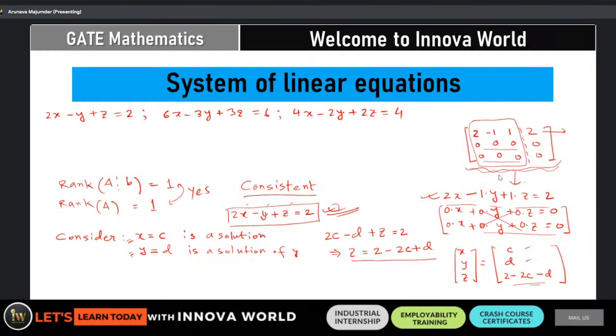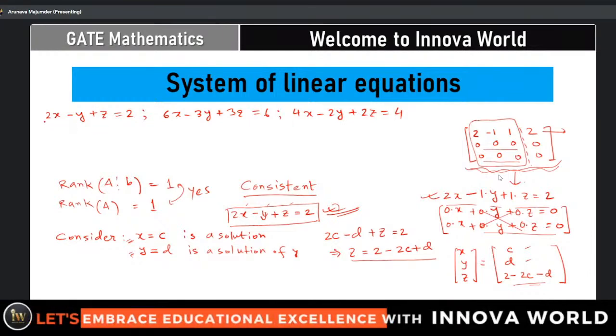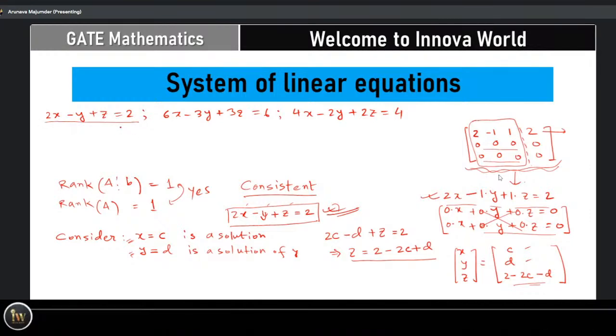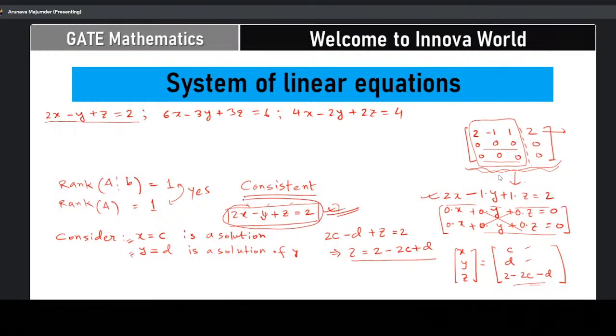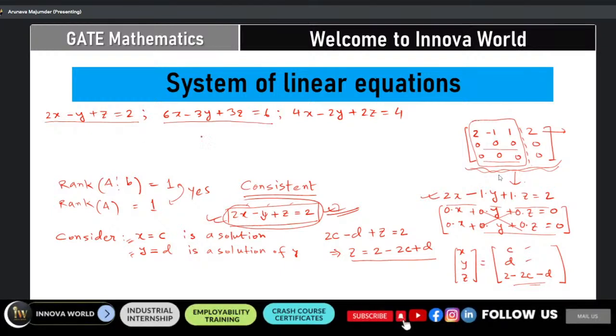What is the first equation? 2x minus y minus z equal to 2. Look at what we got here: we also get the same thing, 2x minus y plus z equal to 2.